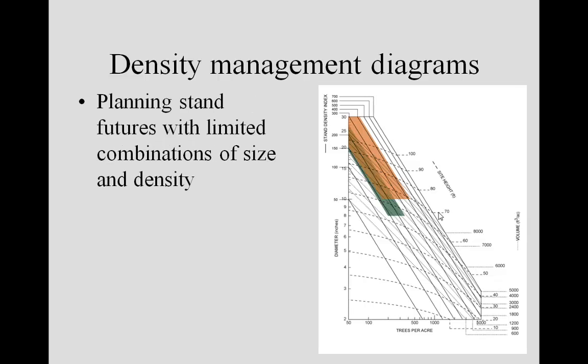Superimposing those, it's interesting. The silviculturist hasn't got an awful lot of wiggle room here. You want to avoid the green and stay within the tan, and it's possible to do that, but it's going to require some pre-planning.